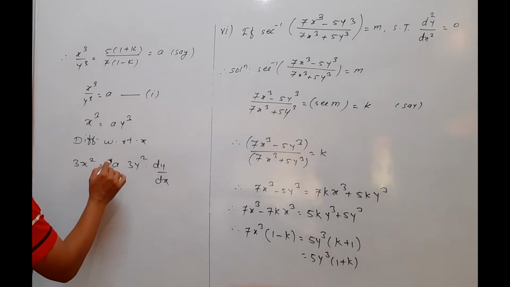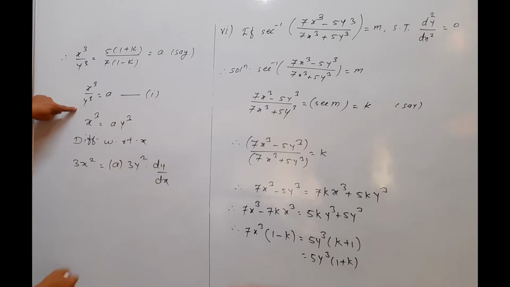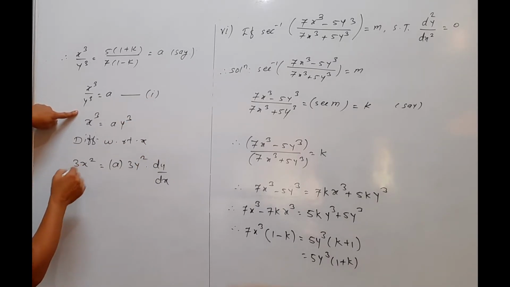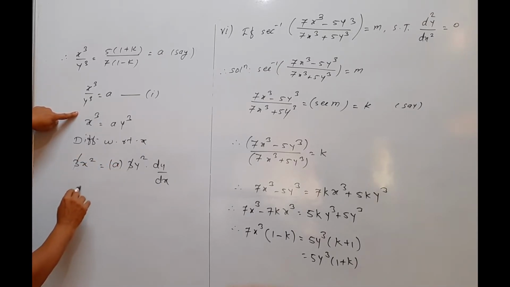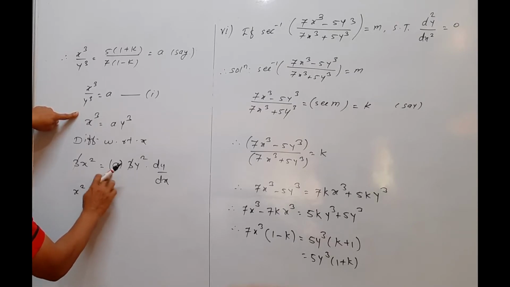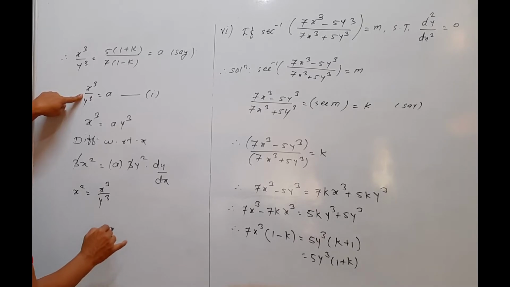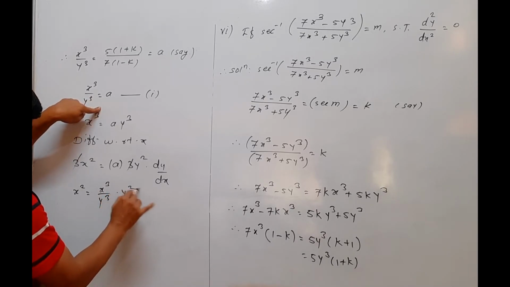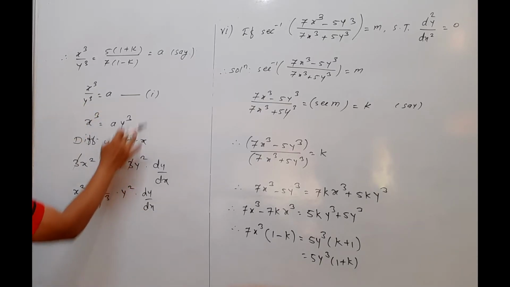So replace the value of a from equation number 1 as x cube upon y cube. So right here, first we cancel this 3, then x square is equal to, we replace the value of a by x cube upon y cube into y square into dy by dx. We write the value of a from equation 1.